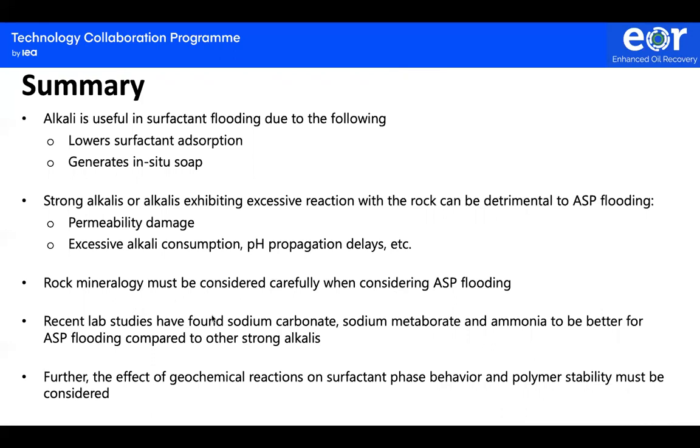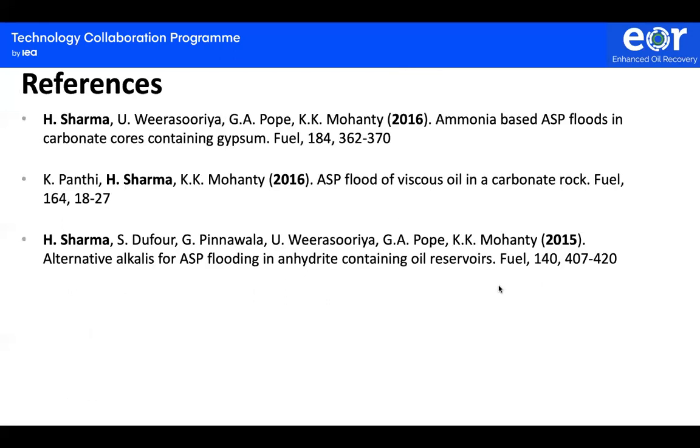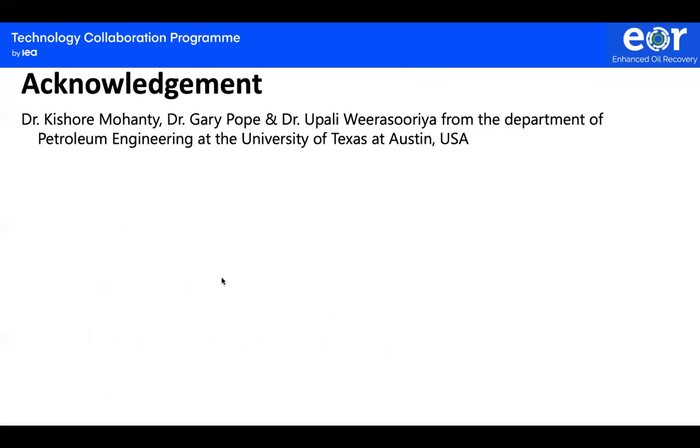Recent studies have found that sodium carbonate, sodium metaborate, and ammonia are better compared to the strong alkalis that were used in the 70s and 80s. And last but not least, the effect of geochemical interaction on surfactant phase behavior and polymer stability is equally important. These are some of the references for the results that I showed in this presentation.